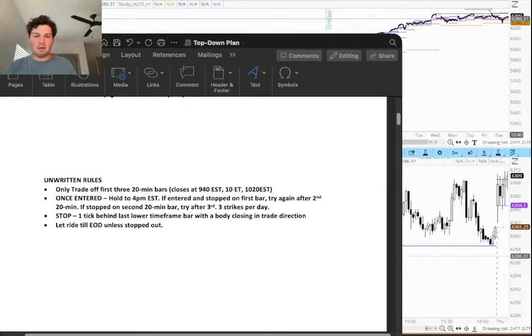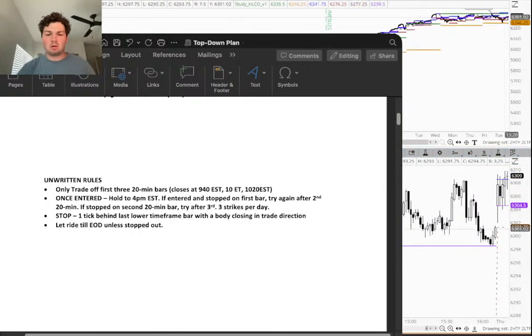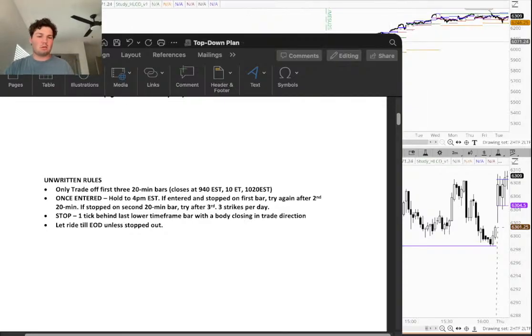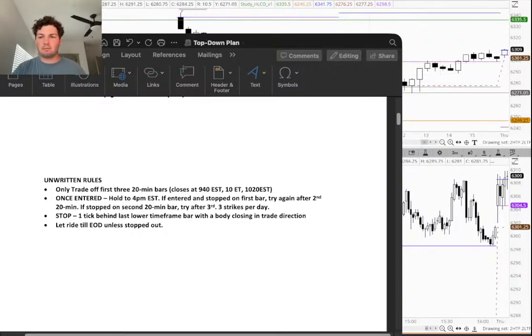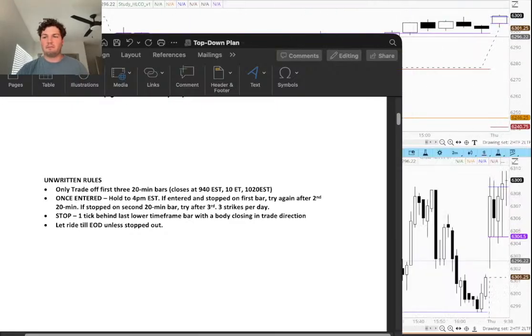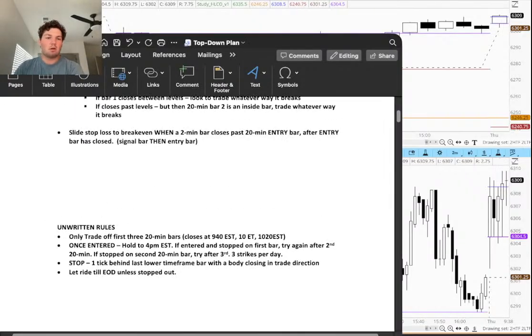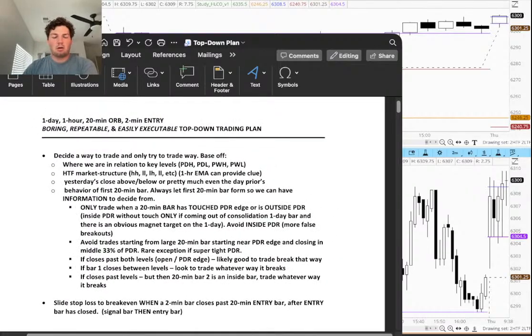So this way we'll be able to backtest properly. We'll go bar by bar, one day at a time. But yeah, these are my rules that I'm going to be backtesting while I walk on this treadmill right here.